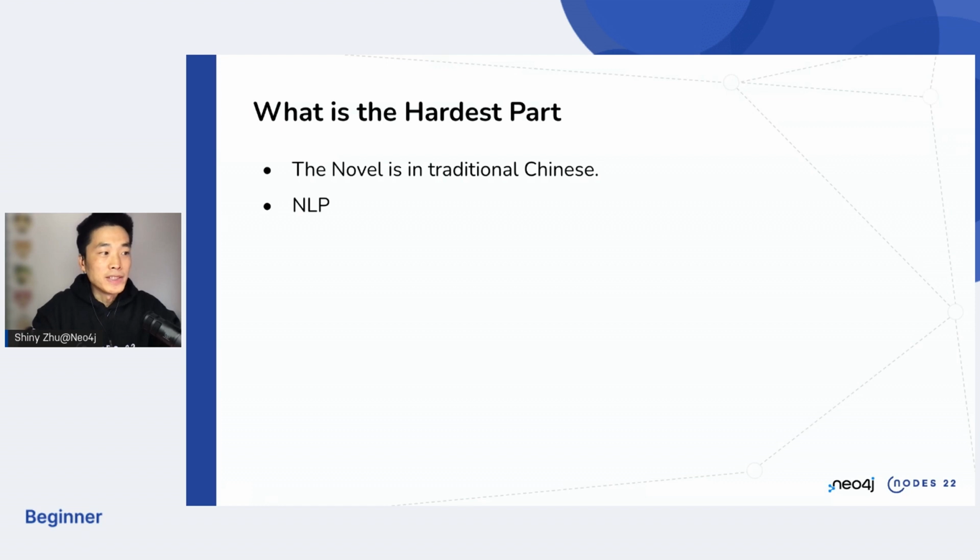If we want to use that as a data source, it's much harder for the computer to understand traditional Chinese. So I recommend using an NLP, natural language processing toolset, to do that. And that's the hardest part. I think that's the hardest part of many data projects.